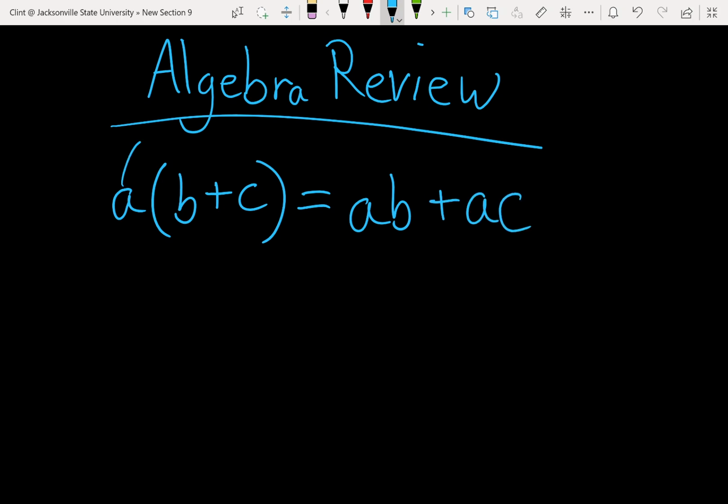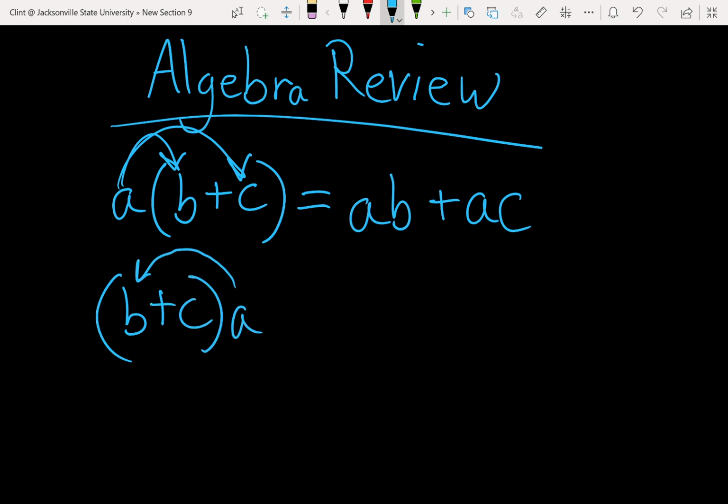And so we say we got to multiply the a times the b and multiply the a times the c. We can do the same thing in the other order. The order doesn't matter with multiplication. It works for real numbers. We can switch it around, so we would get the same thing.